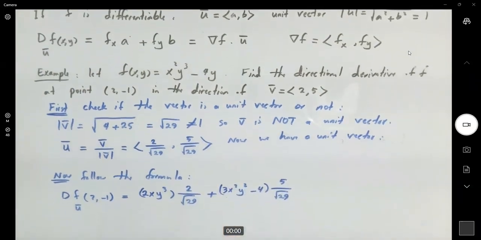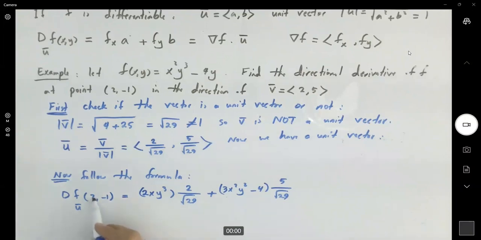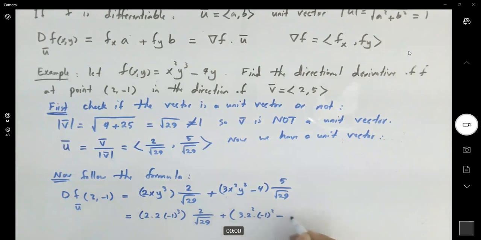Now let us plug in and see what we have. My x is 2, my y is -1, so this becomes 2 times 2 times -1 to the third, times 2 over square root of 29, plus 3 times 2 squared times -1 to the second minus 4, times 5 over square root of 29.